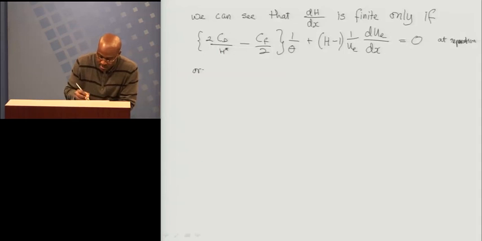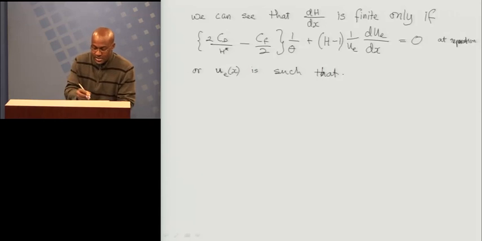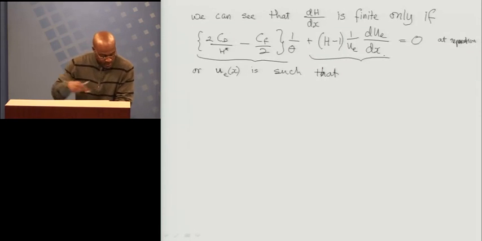So we could say it as UE as a function of x would have to adjust itself such that these two guys should be equal. One should be the negative of the other.